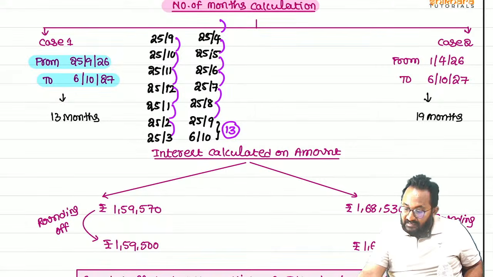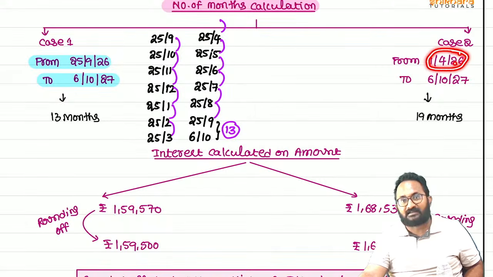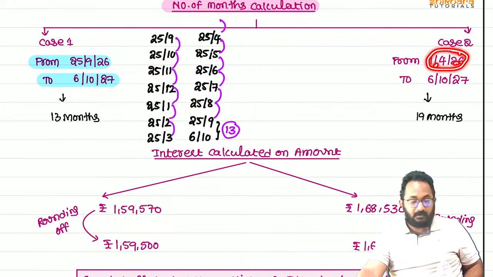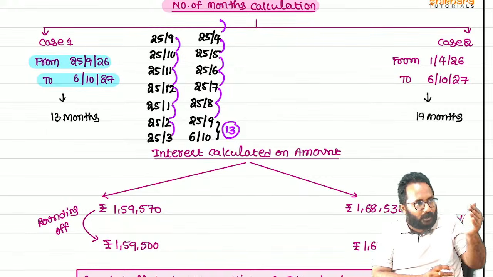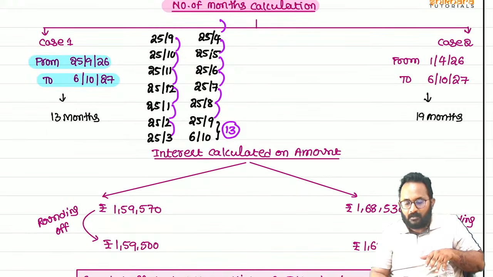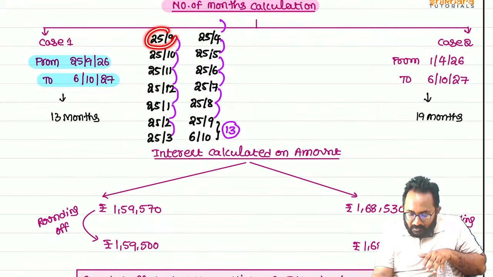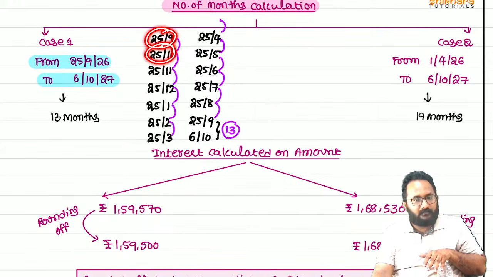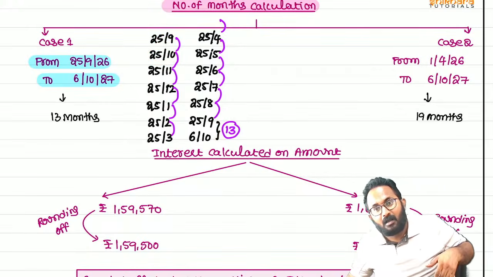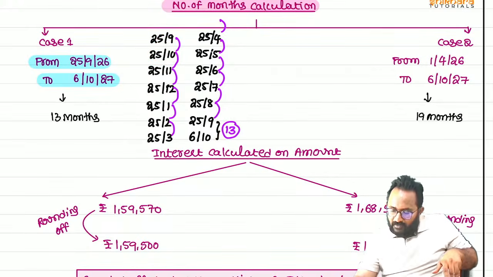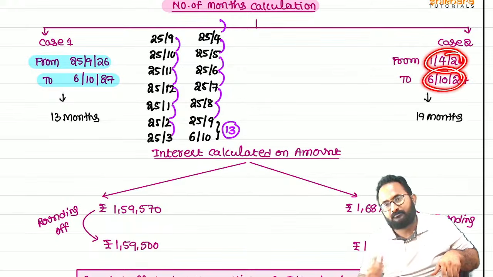Why? Starting from the calendar month first day, you calculate properly. September you take as 1 month, October you take as 1 month. That's why you get 14. Remember, whenever you start the period computation, from that date take 1 month first. Then at the end, whatever period remains is only part of the month. Here you will always get the correct answer.